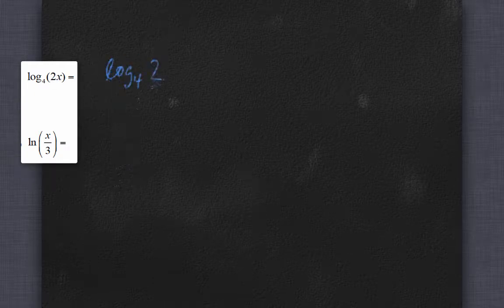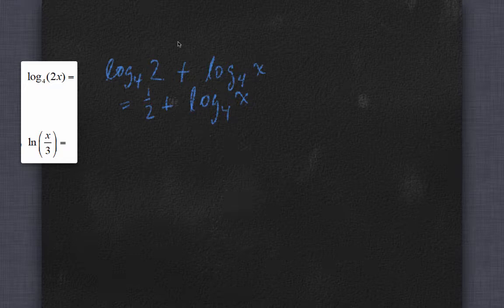So you look at the first one, and you see inside here a product. So this is log sub 4 of 2 plus log sub 4 of x. This one, because 4 to the 1/2 is 2, I could replace. Okay, so if I can say I'm going to take this to some power and it will yield that, then the log is doable here.